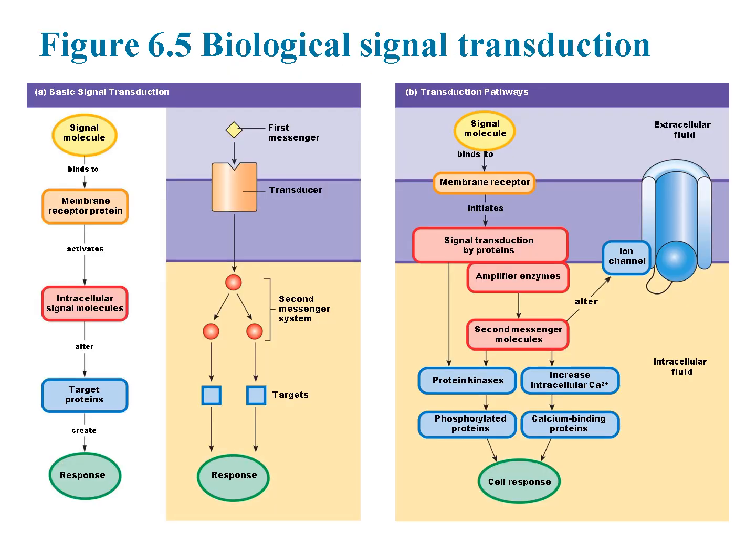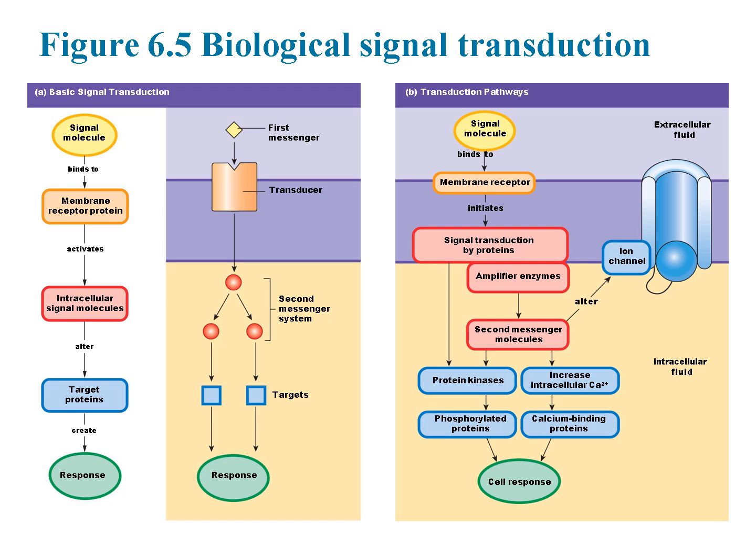This figure illustrates the key processes involved in biological signal transduction, breaking it down into basic and more complex pathways that convert external signals into specific cellular responses. On the left, for panel A, we see the basic signal transduction pathway. The process begins with a signal molecule, also known as the first messenger, binding to a membrane receptor protein.